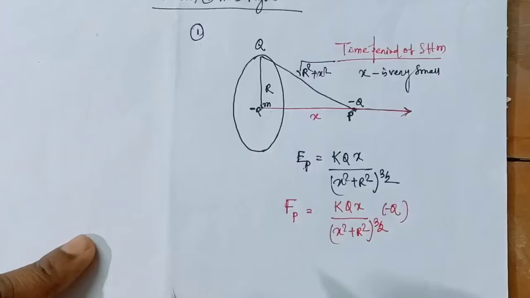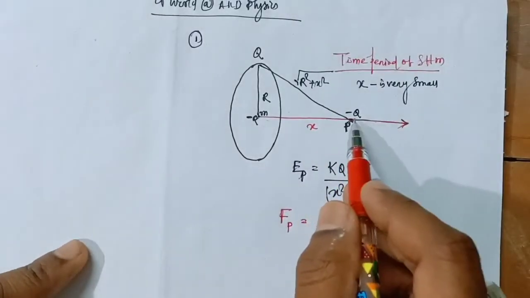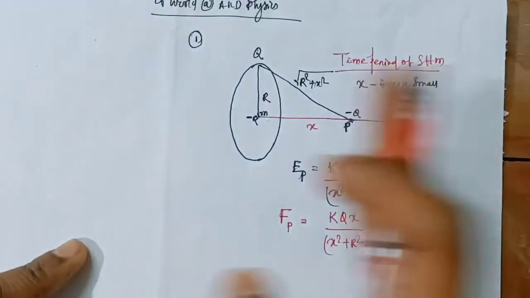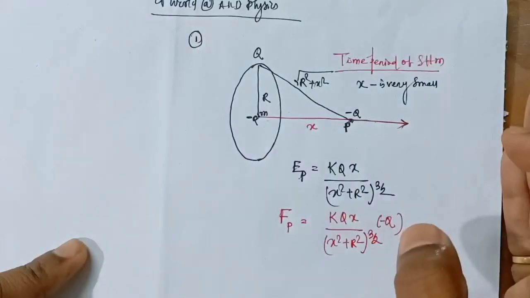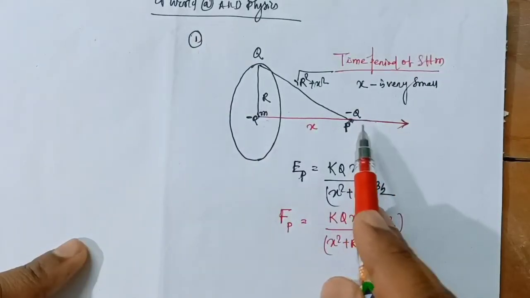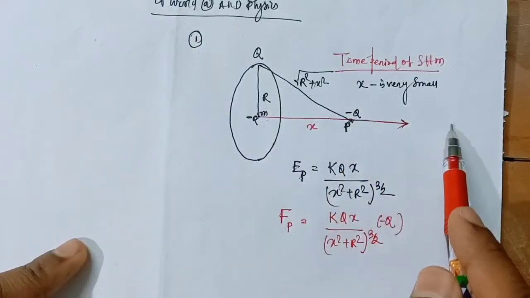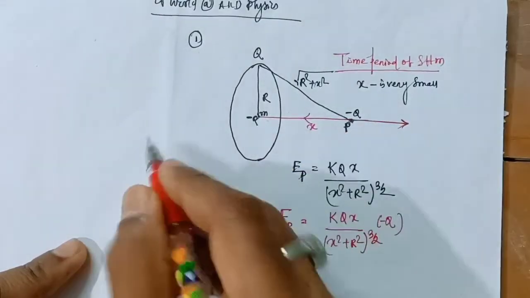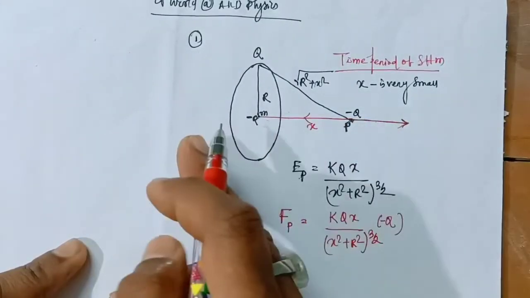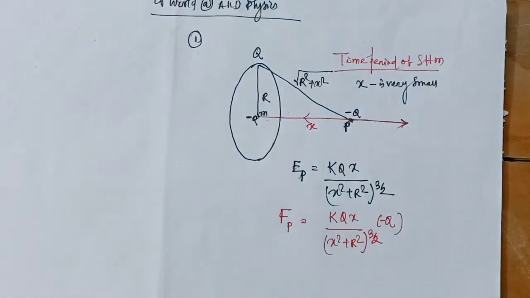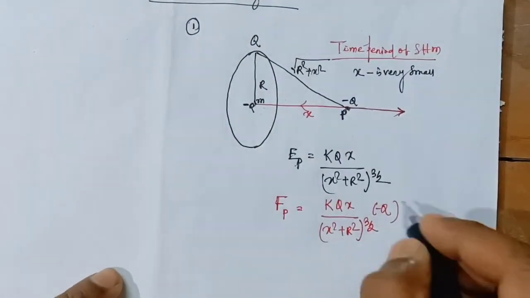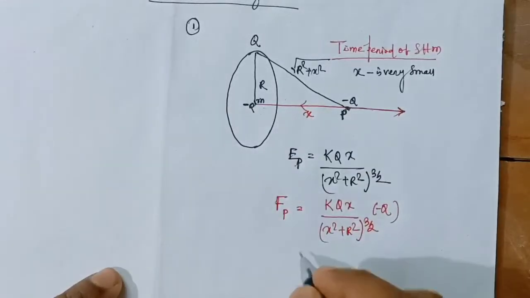If you think about the direction, if it were a positive charge, the field is in this direction, so the force would be in this direction. But this is a negative charge. If the field is in this direction, the negative charge will experience a force in the opposite direction and will return back to its original position. So SHM will definitely occur. The direction is towards the center.